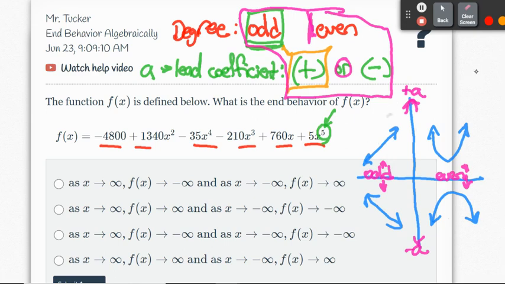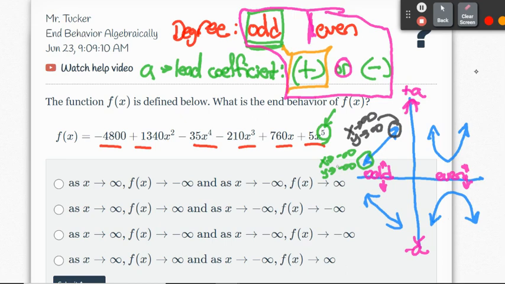If you match up positive a value and odd degree, the answer will always be x arrow positive infinity, y arrow infinity, to match that arrow. And then down over here, this answer to the left will always be x arrow negative infinity, y arrow negative infinity.